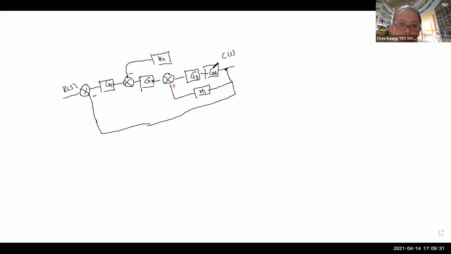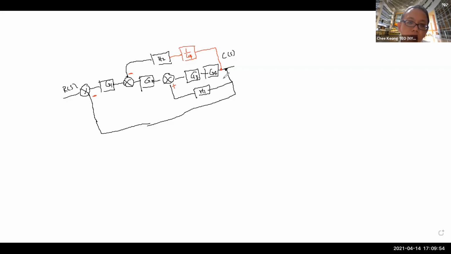Because originally it comes out and goes up, it only goes through G3, it never goes through G4. But now you go through additional G4, so on top here, you must add another 1 over G4, right? In order to move it to the back. So this is how you move it to the back.